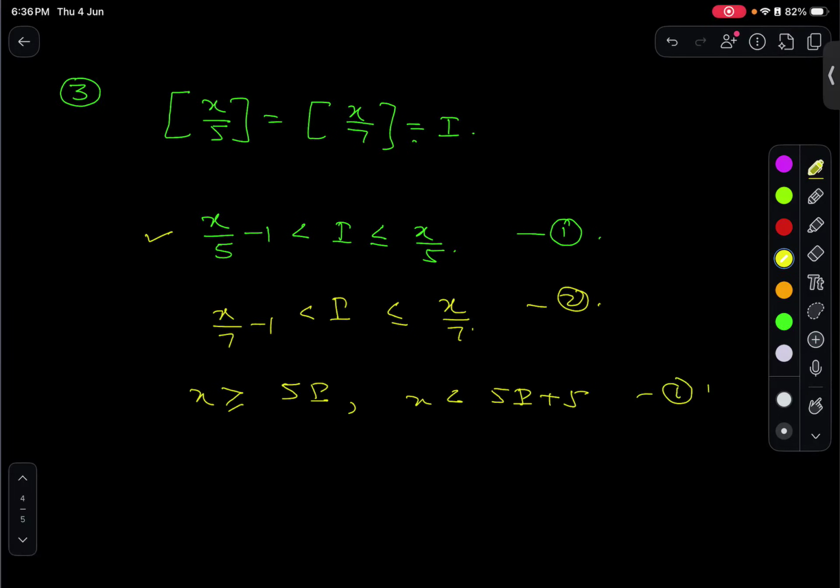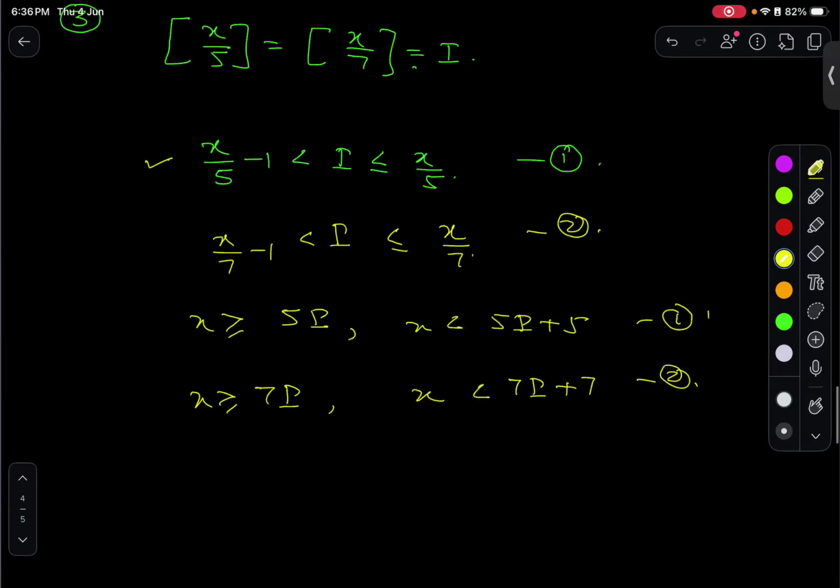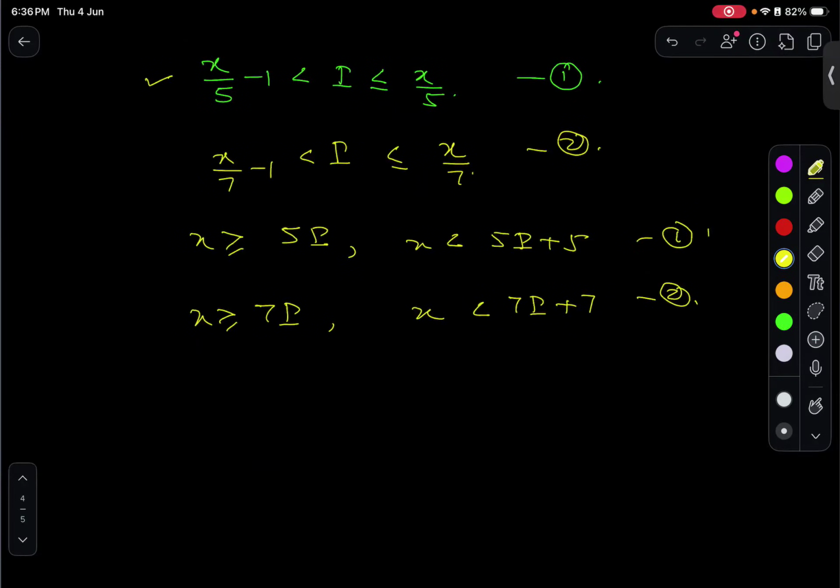And the second one again, x is greater than or equal to 7i, and x is less than 7i plus 7. All positive values, so I'm able to write where this number will lie.